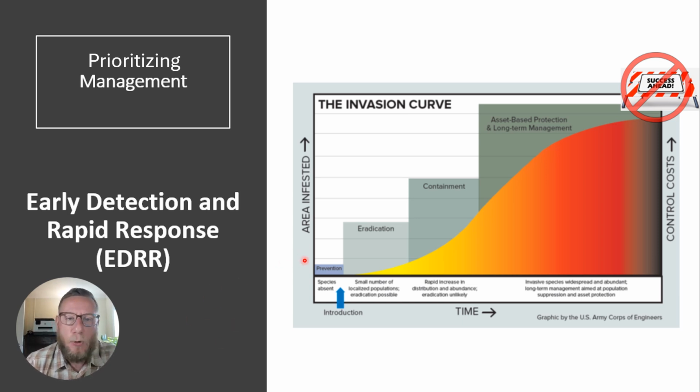So when we look at this, we see time on the x-axis, and on the y-axis we see area infested, and then control costs. And as you would guess, as time goes on, area infested goes up, and control costs also go up as well.